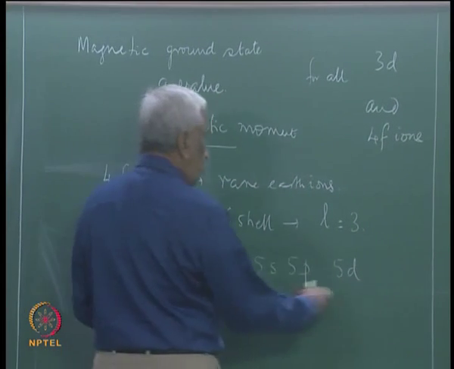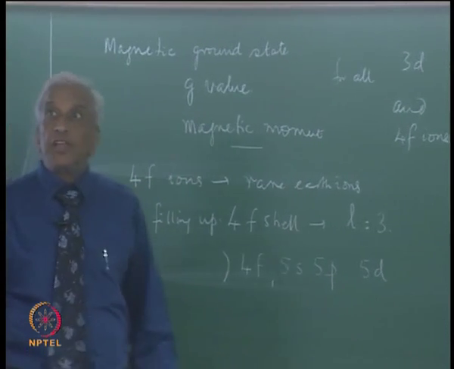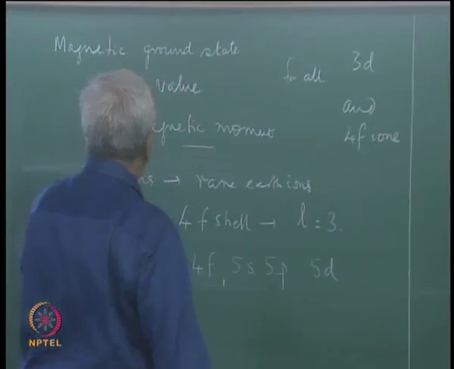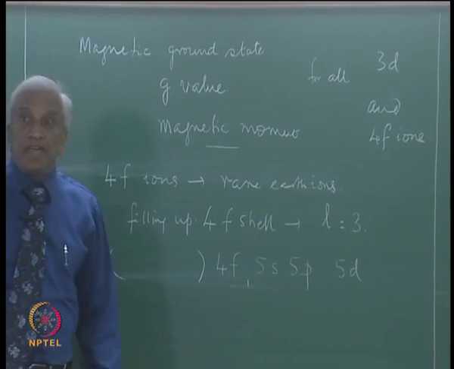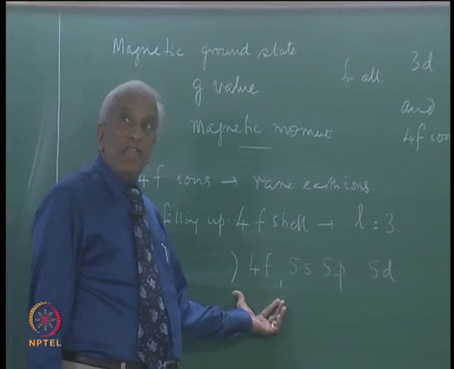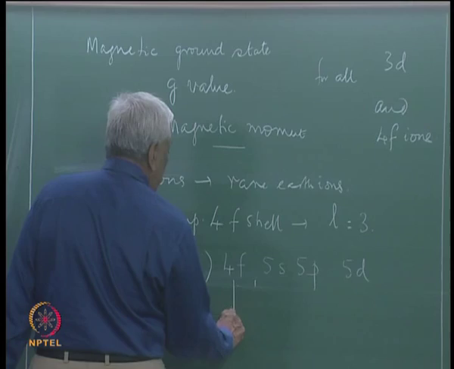So, these are the outer electron configurations. There are of course closed shells inside which do not contribute anything to the magnetic moment. It is only the unpaired electrons in the unfilled shell which give rise to magnetic moment.